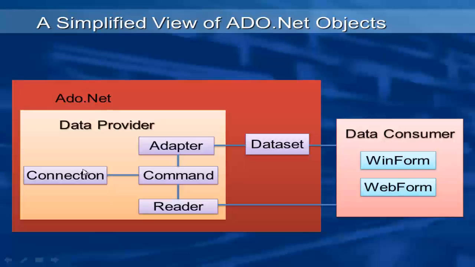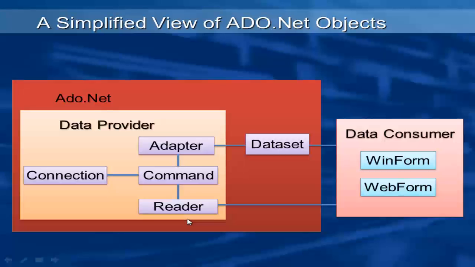Now what's the difference between this adapter and reader? The word says reader, meaning it is going to read. So that's why that name has come there. Its work is to read. When I say its work is to read, what does that mean? Its work is not to update the database. That is why it is called a reader.